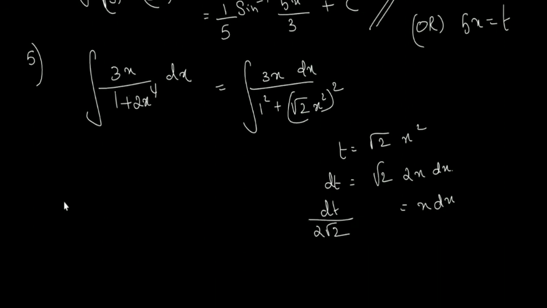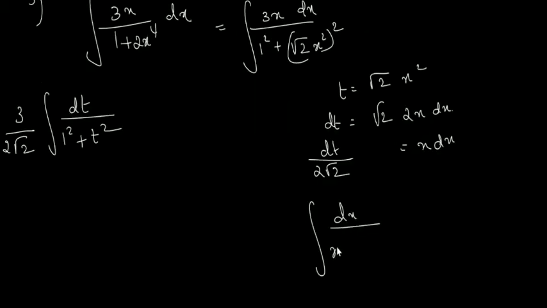So this will change to 3, take it out, 3 integral x dx. x dx is dt by 2 root 2, 2 root 2, take it out, dt by 1 plus t square. So which formula is this? Integral dx by x square plus a square is 1 by a tan inverse x by a.